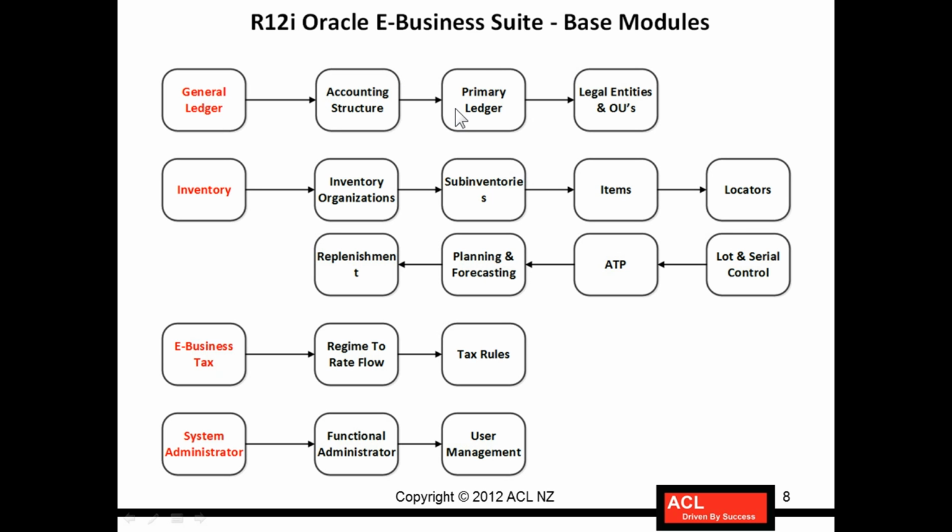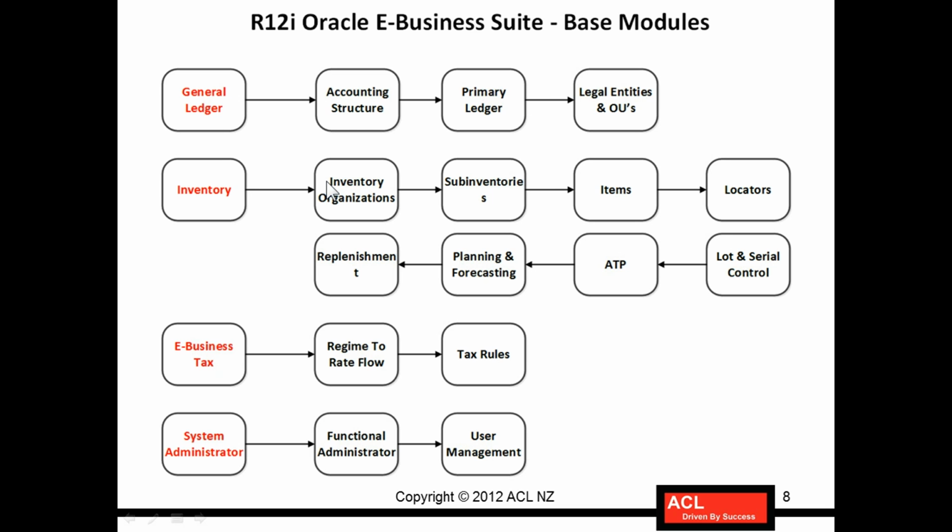You can optionally set up your secondary ledgers or reporting currencies subledger, but again that's an optional step. Once you are done with setting up your ledger, you go ahead and set up your legal entities and operating units, and that's where you reference your primary ledger. So that's where a link gets established between your accounting structure and your legal entities and operating units.